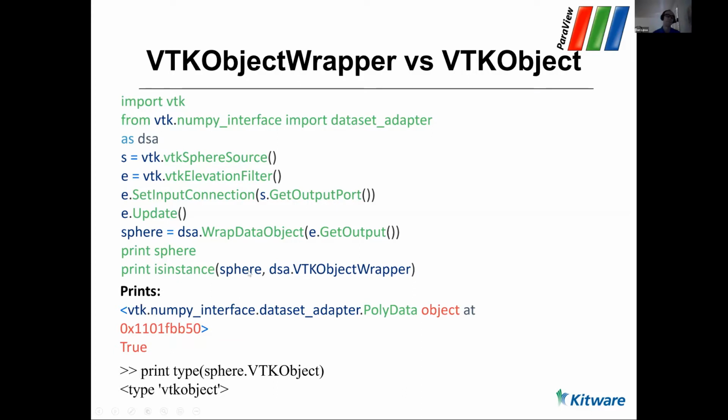The type of the object is VTK object wrapper. So that's true. And the sphere has a pointer to VTK object. We mentioned this before. So wrapped object has a pointer to the actual VTK object as well.